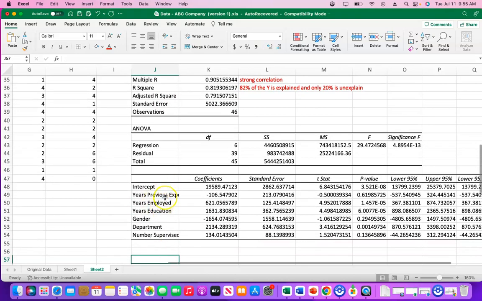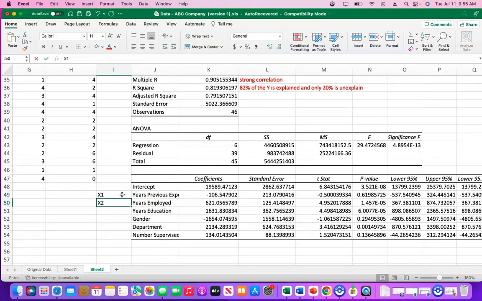Remember, we gave them x1, let me write here, x1, x2, x3, x4, x5, and x6. So we have 6 variables, and here we have coefficients where we have the y-intercept, but all these are the slopes of x1, x2, x3, x4, x5, and x6.